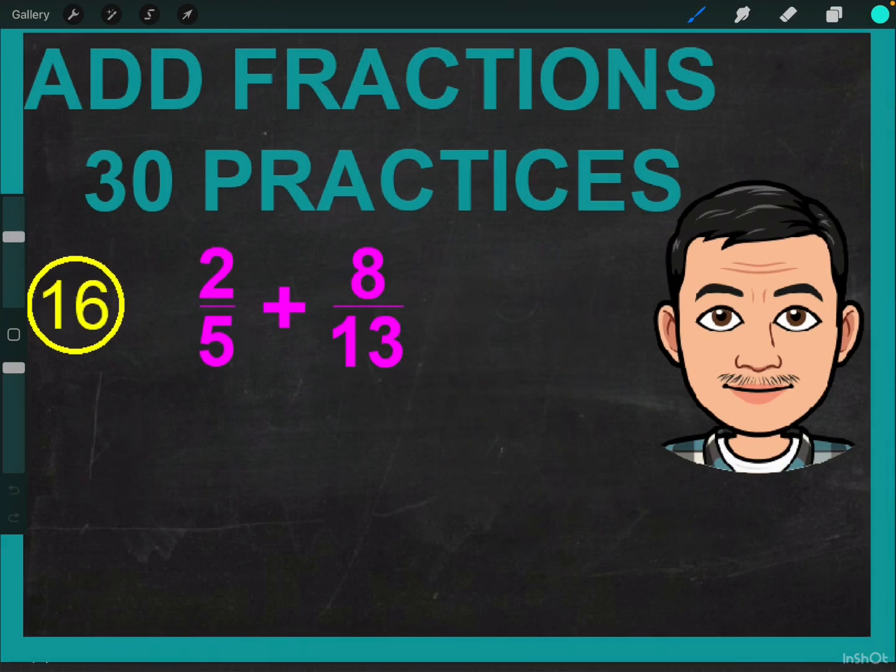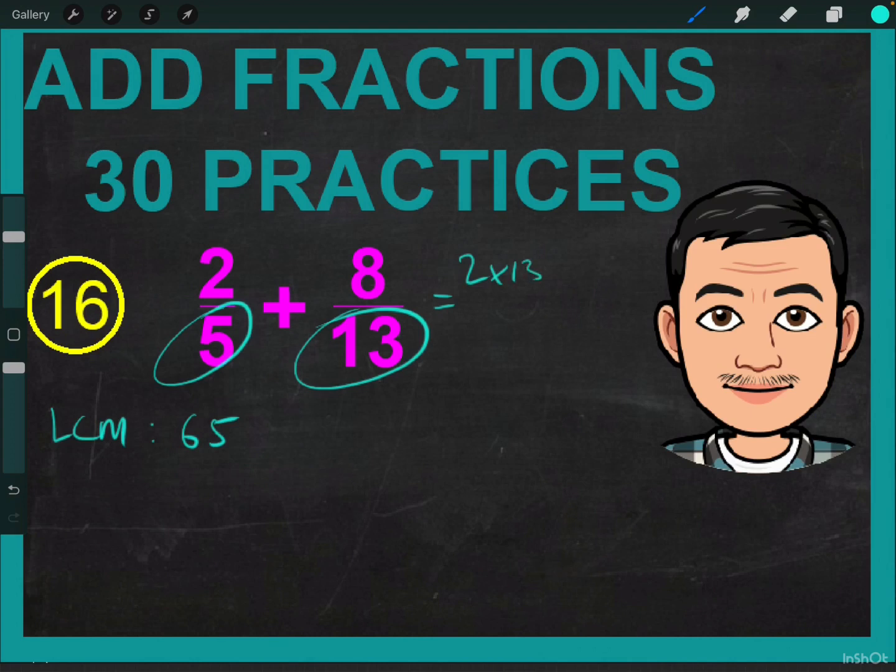Practice number 16. We have two fractions with different denominators, 5 and 13. And the LCM for 5 and 13 is 65. So we will convert the first fraction into 2 times 13 over 5 times 13, and the second fraction is 8 times 5 over 13 times 5.